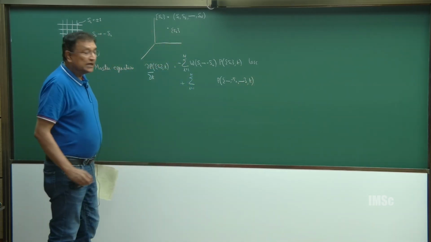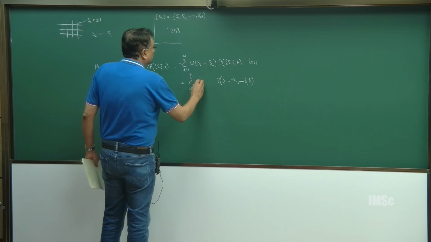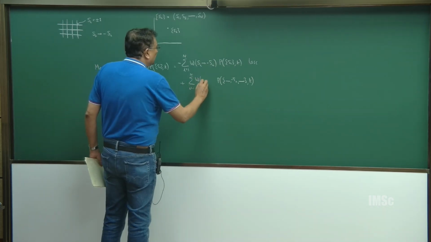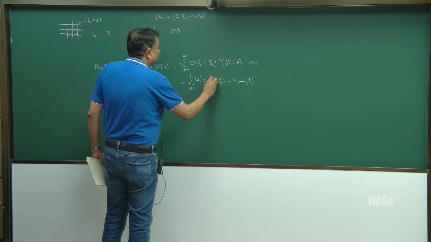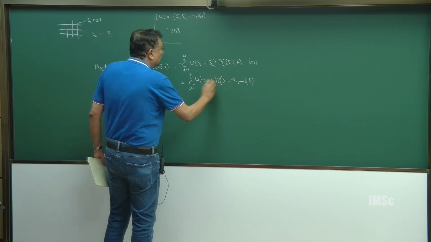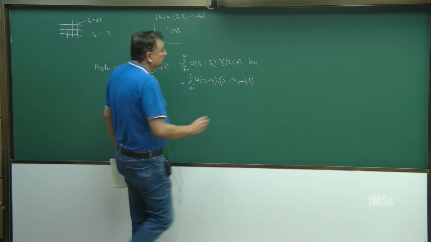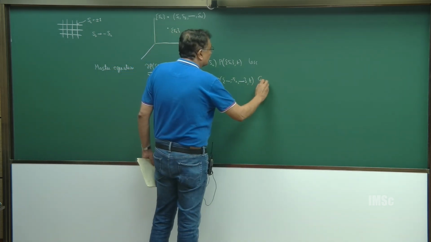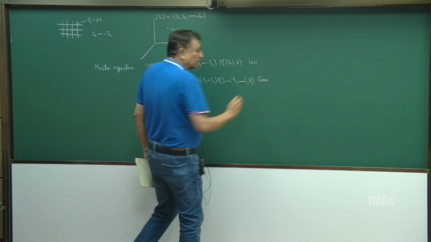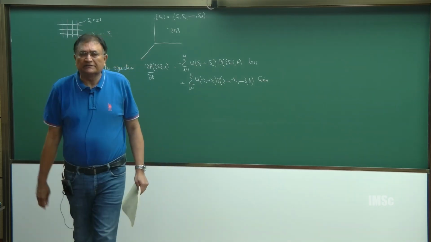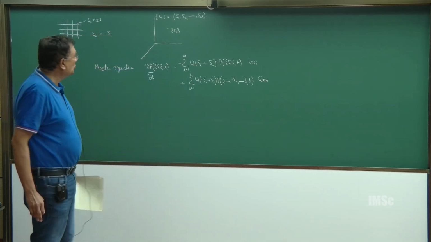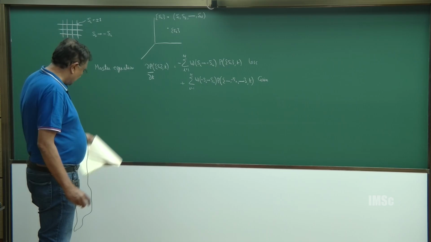So, that is a nearby configuration, and the probability of flipping from that minus Si into the configuration of interest to me. So, that is the gain term. Okay. And that is a generic form of a master equation. You always write down master equations like this. It is one of the standard tools of non-equilibrium physics.